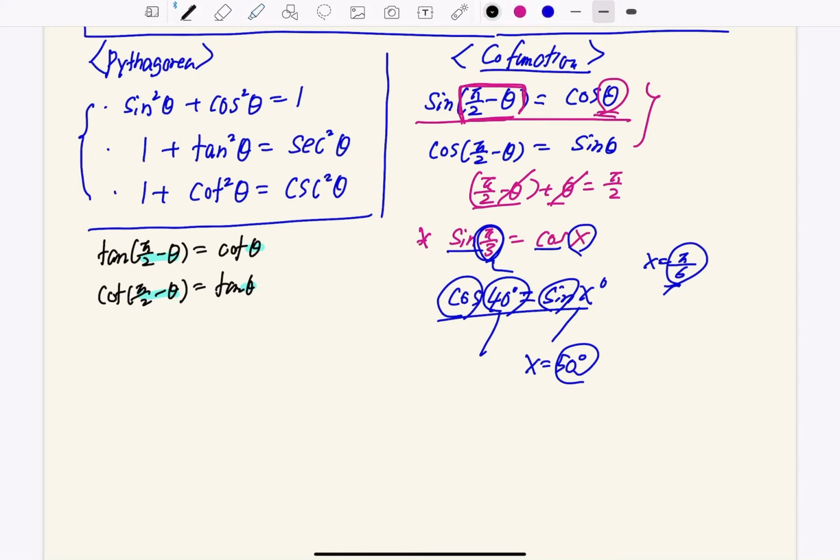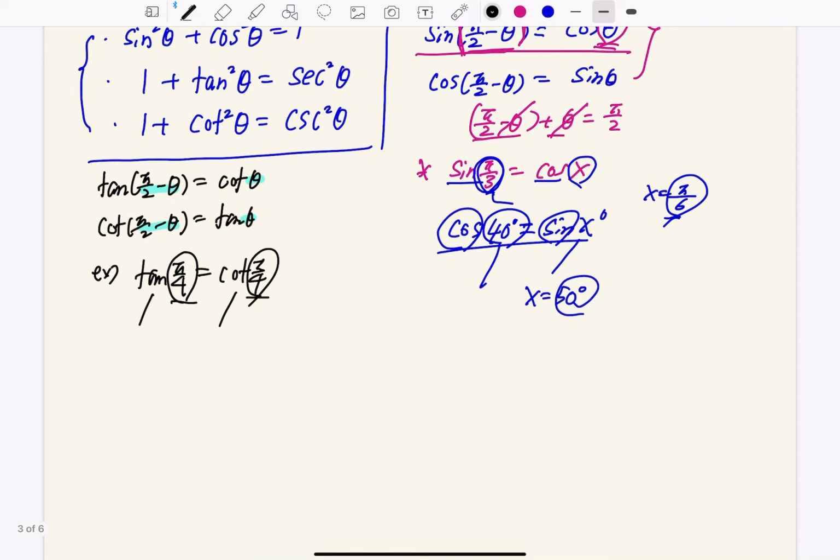For example, tangent pi over 4 is equal to cotangent pi over 4. Pi over 4 is 45 degrees, so pi over 4 plus pi over 4 is 90 degrees. They are complementary angles. So tangent and cotangent are equal.